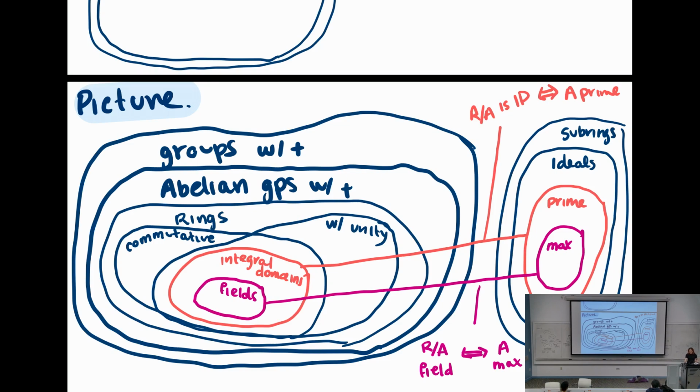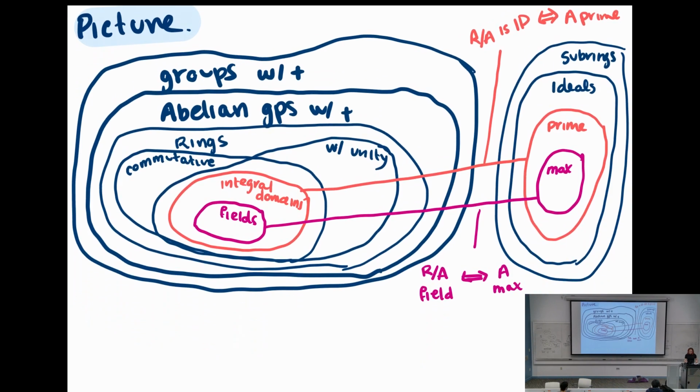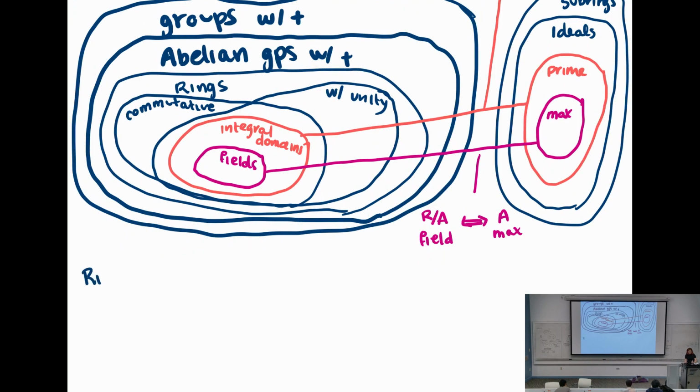Okay, so in the last few minutes here, I'm just going to give you the definition of a ring homomorphism, and then we'll talk more about ring homomorphisms next class. Okay, so it's possible that you could guess the definition of a ring homomorphism.